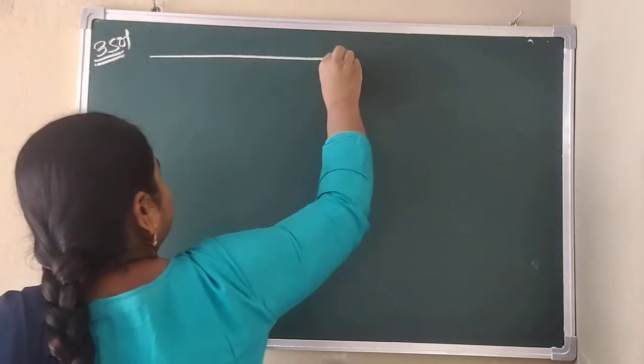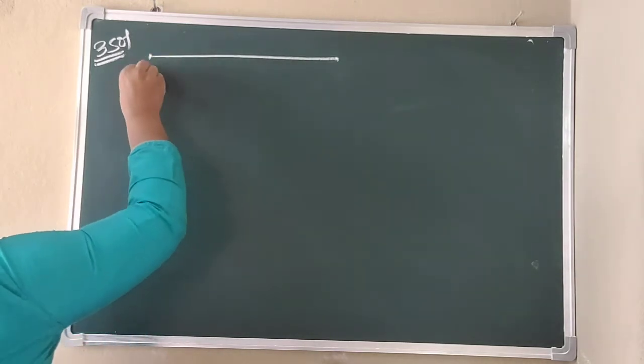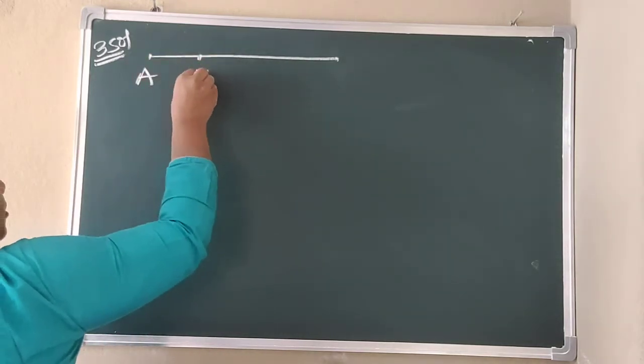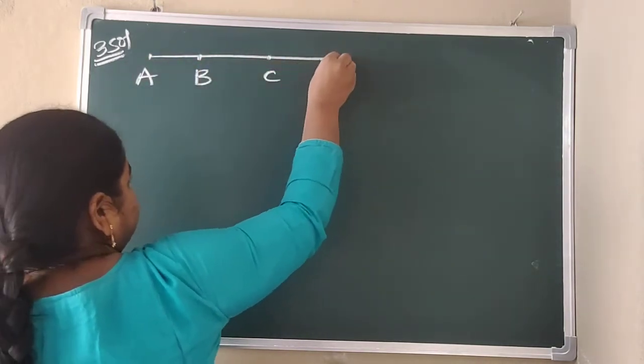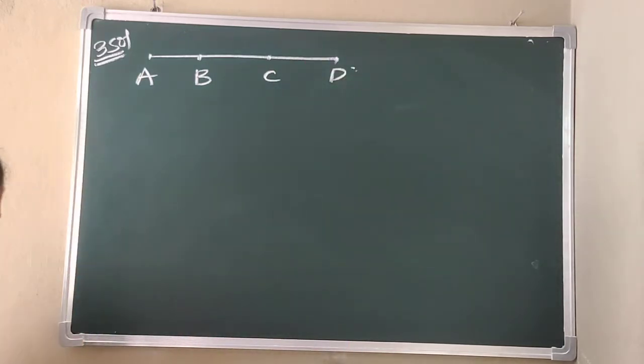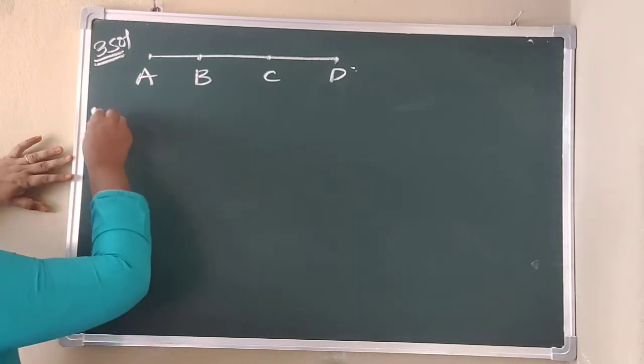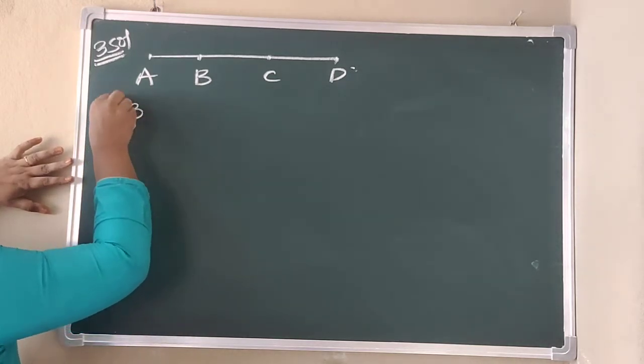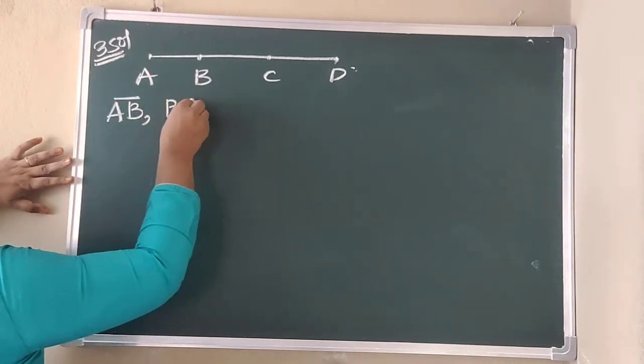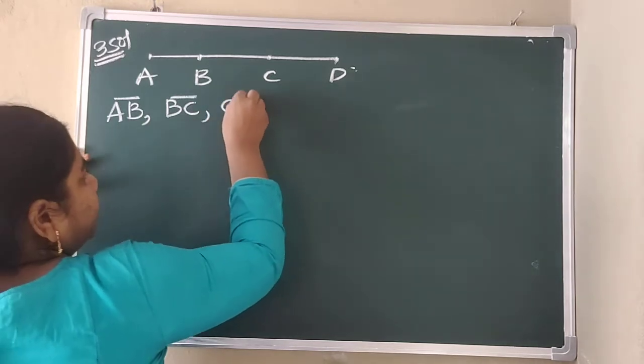They have given this figure A, B, C, D. So what are the line segments we have to see now? The first line segment will be AB. Next is BC. Next CD.